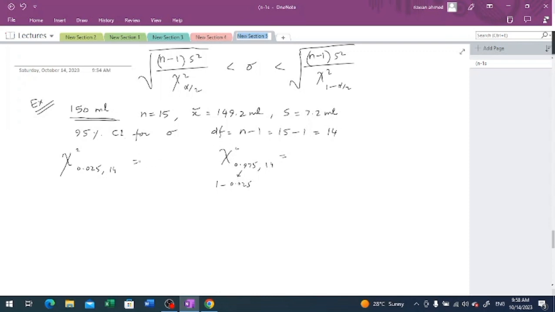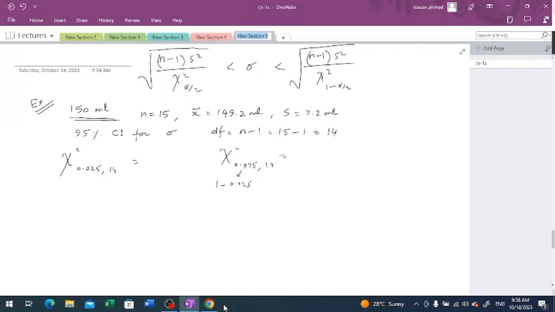Now we go to the 14th row of the chi-square table, and we will one by one locate these two values. Now you see on the first page we get the lower bound, and the lower bound is this one, the upper bound is this one. So the lower bound value has a subscript 0.975.